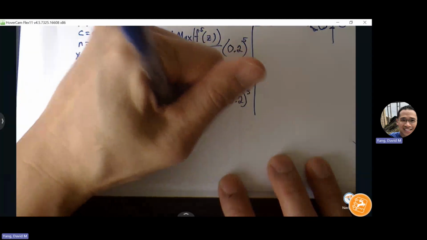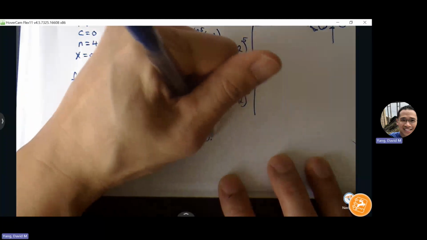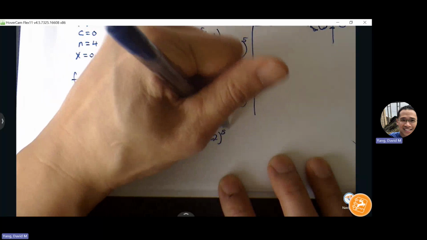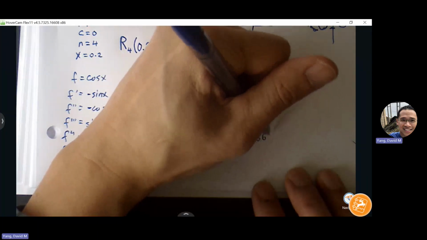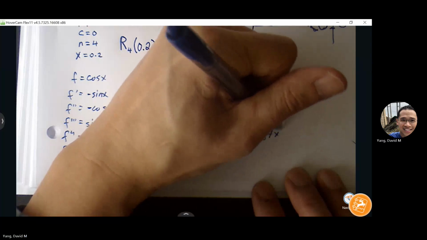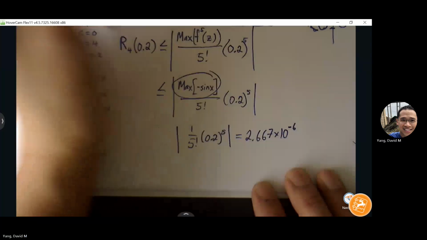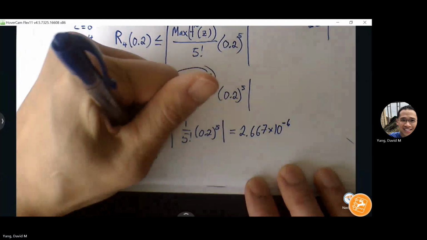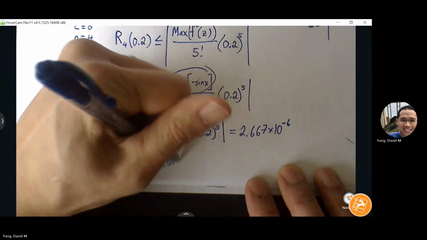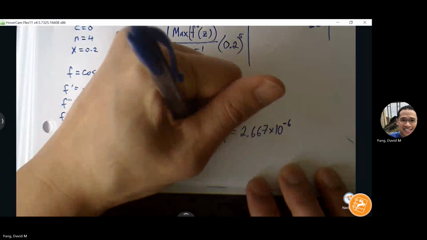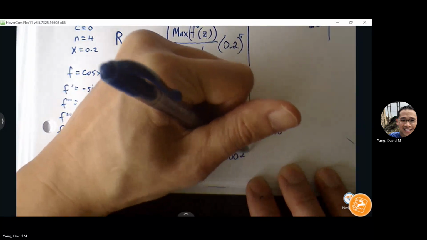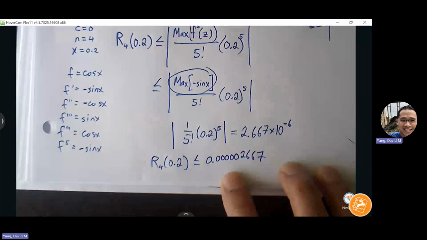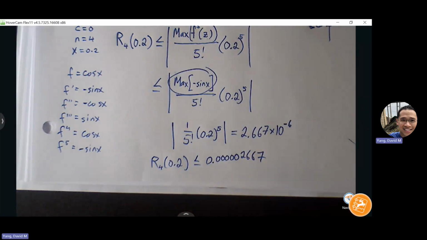So 1 over 5 factorial, 0.2 to the fifth. Enter this in our calculator. Okay, we don't have to write all this out. You can leave it in that form.